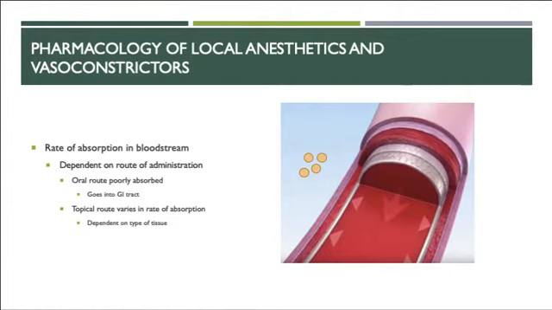If you'll remember from your earlier days in biology, first pass metabolism is basically where a drug is significantly metabolized in the liver before entering the cardiovascular system systemically, right? So that's the oral route of administration. The topical route is also variable, and local anesthetics are absorbed at different rates depending on where you administer them and what type of mucous membrane they are located in.